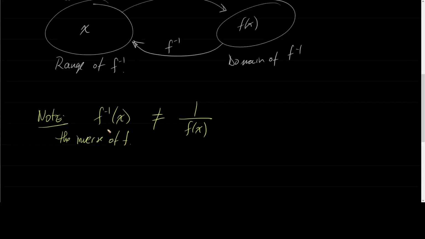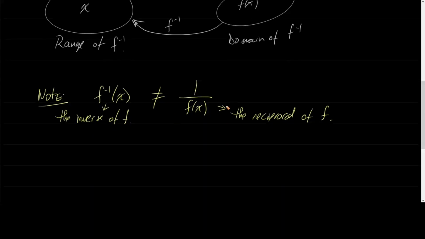On the right here, we've got the reciprocal of f. We're used to having that exponent of -1 meaning reciprocal. That's true for variables, it's true for numbers in general, but it is not true for functions. All right, it is not true for functions.